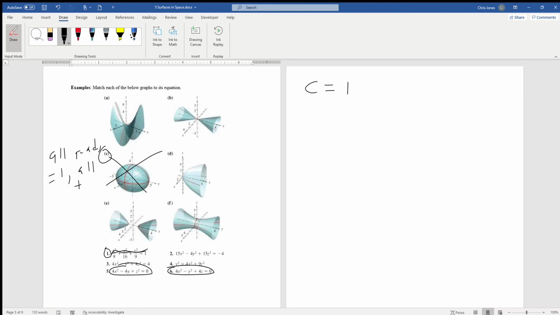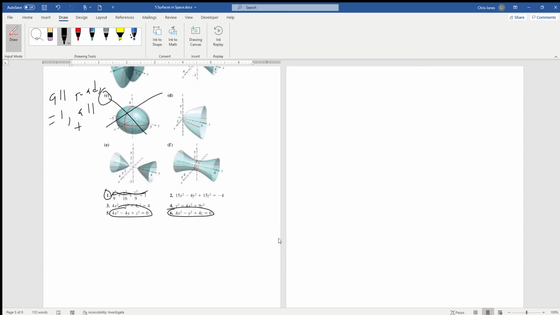And of course the question is, which one is which? For number 5, we can rewrite this as 4x squared plus z squared equals 4y, or x squared plus 1/4 z squared is equal to y. All positive. We have one linear term.